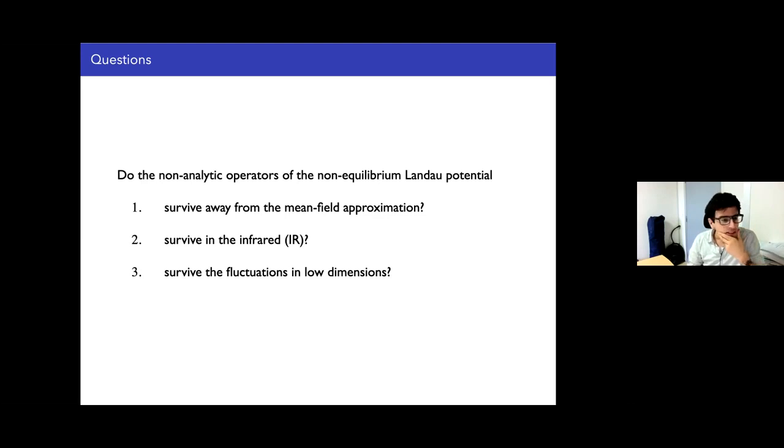Second question, is this story surviving in the infrared, right? As you zoom out, as you go to lower and lower energies, if you coarse grain on larger and larger scales, so a more mesoscopic level. And third question, is the story of non-analytic operators surviving the stronger fluctuations that you get typically in low dimensions, I mean in dimensions lower than the upper critical dimension.